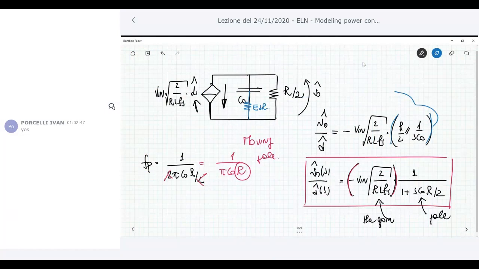This means R and F multiplied 1 S C naught, R and F plus 1 C naught, okay? So it means that you have R over 1 plus S C naught R, okay?